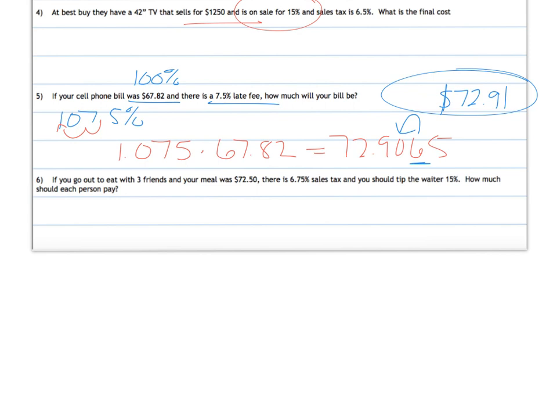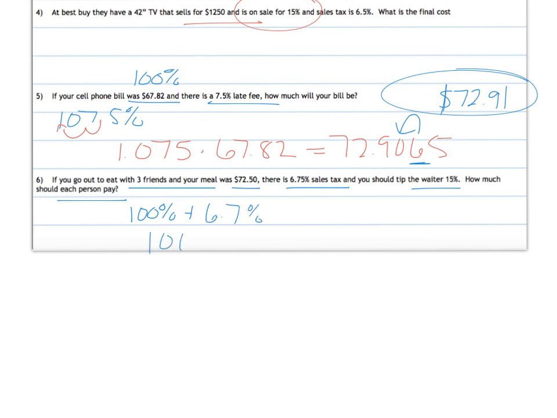Last one, and then you're set to go, and hopefully you can come to school with really good questions. This one has a little bit more elements to it. So it's saying that you and 3 friends go out to eat, and your bill was $72.50, and there's an amount of sales tax, and then you're going to tip. So we're wondering how much each person will pay. So first we have to find out how much the bill is, because you tip on the total bill after sales tax. So we're going to pay for 100% of our bill plus our sales tax.